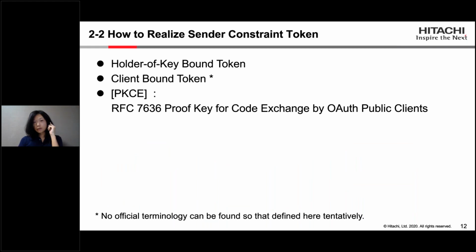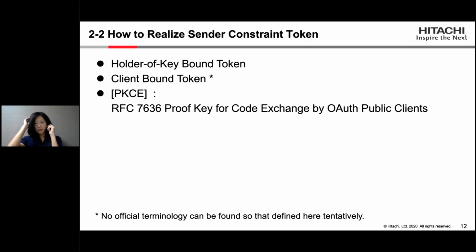Then, to realize this sender constraint token, I've found the following three methods or technologies. The holder-bound token I've just mentioned before, the client-bound token, and FAPI proof key for code exchange, which is specialized for the OAuth code.